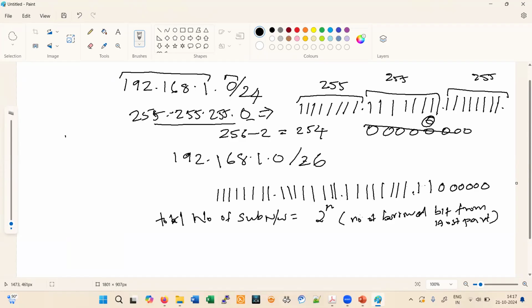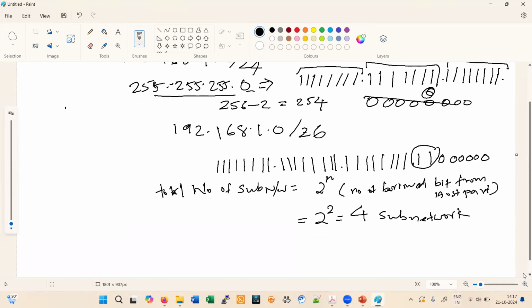That means we have 8 bits in one octet, right? So we took 2 bits of this and made them one. These are the bits borrowed from the host part. 2 raised to n means 2 raised to 2. That is 4. We'll be getting 4 subnetworks if we use /26. By default, we have a single network only, right?